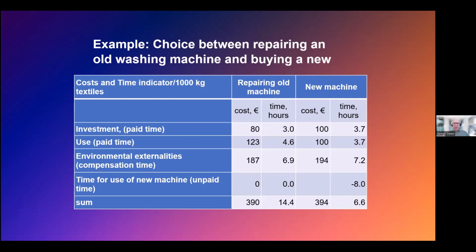And you have some paid time in the use. It costs some money to use it. And you have a compensation time for the externalities, and then you have time for use as unpaid time. That's considered here.